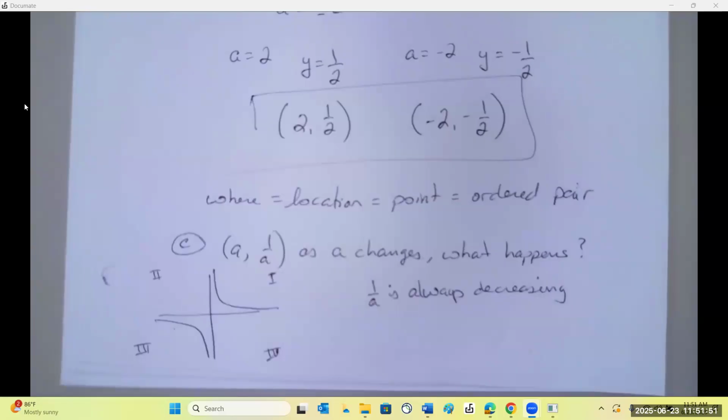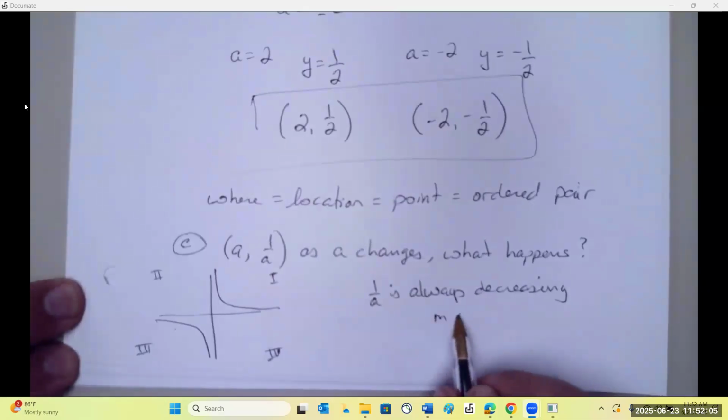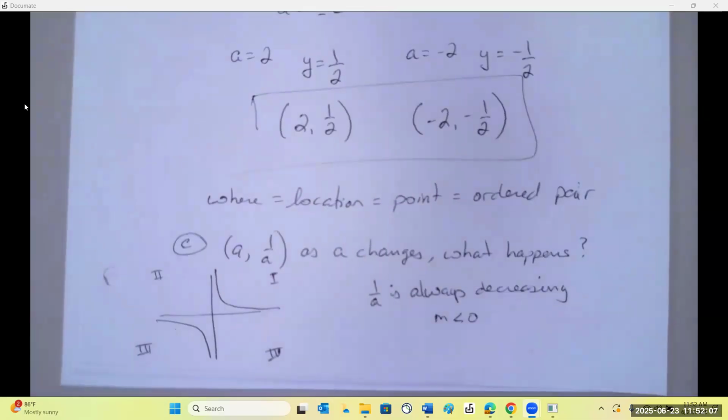As x goes from left to right, no matter which side you're on, it's always going to be a decreasing function. So since it's decreasing, what do we know about the slope? The slope is always negative.